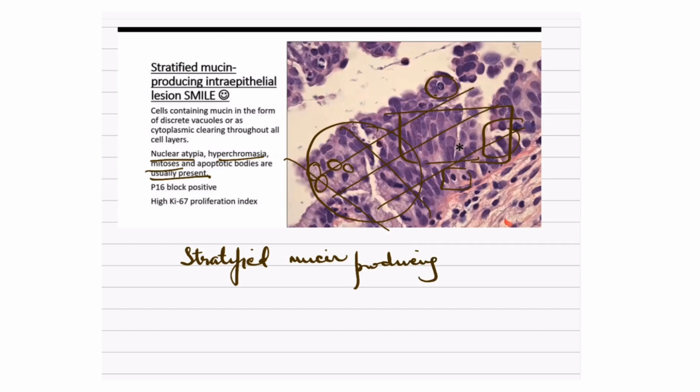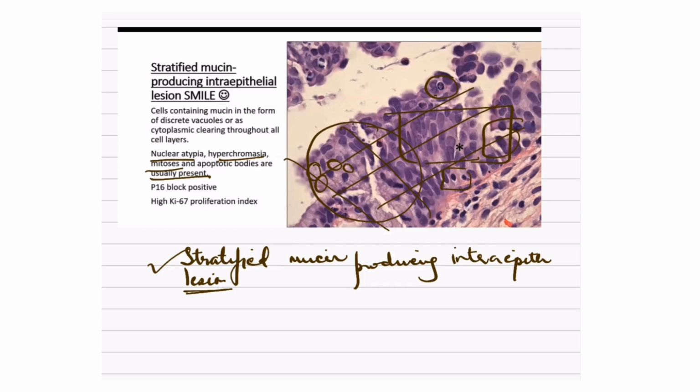Stratified mucin producing, because you see mucin in every layer, and because there is no stromal invasion, you write intraepithelial lesion. Mucin does not say that it is malignant. Mucin does not suggest it is benign, so you write lesion. Stratified mucin producing intraepithelial lesion.